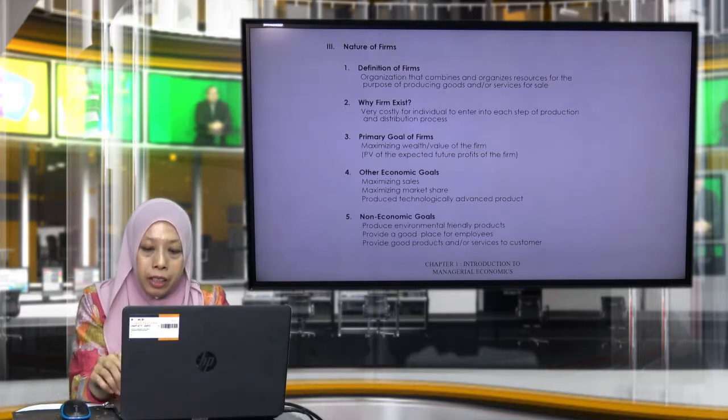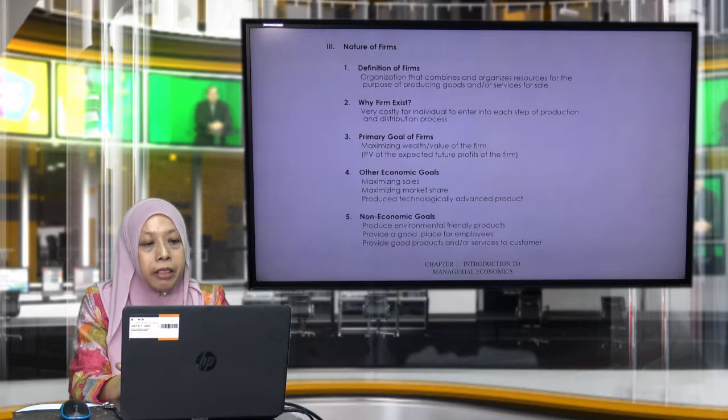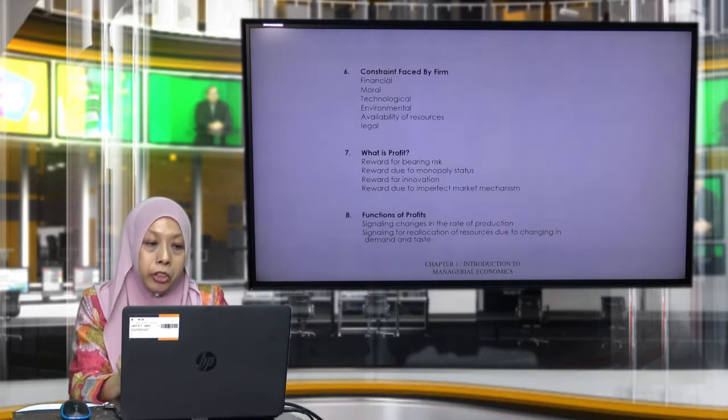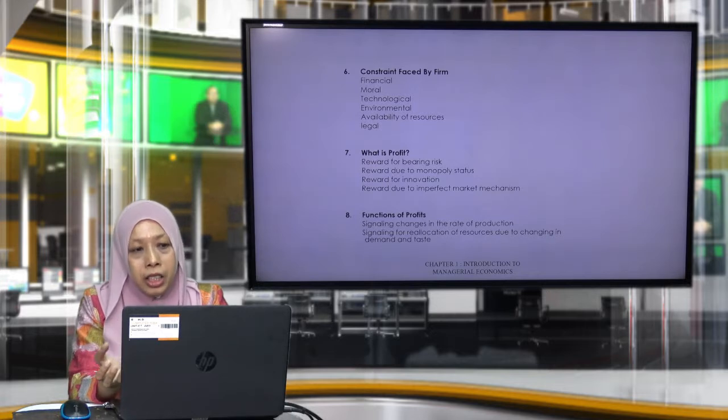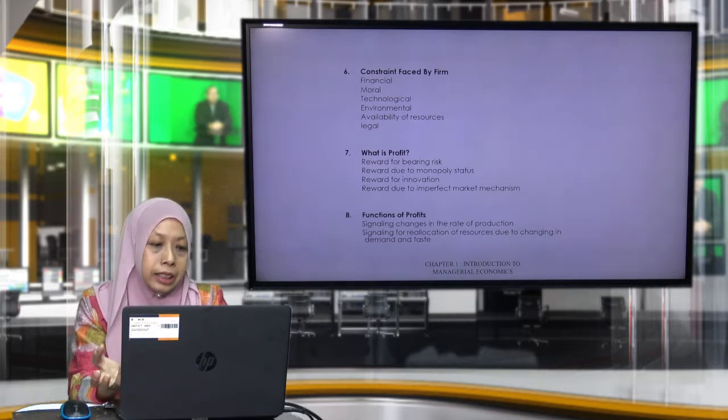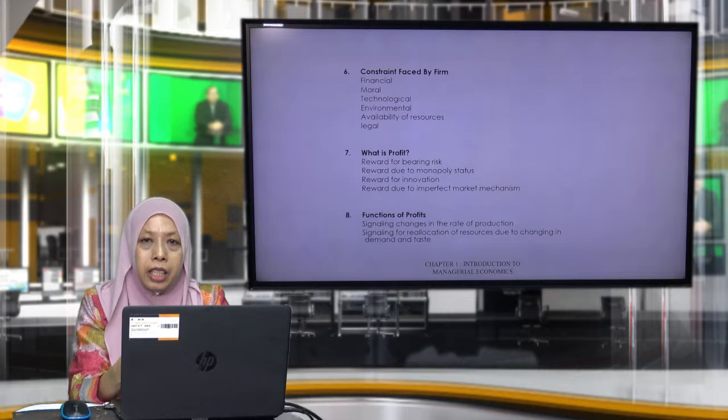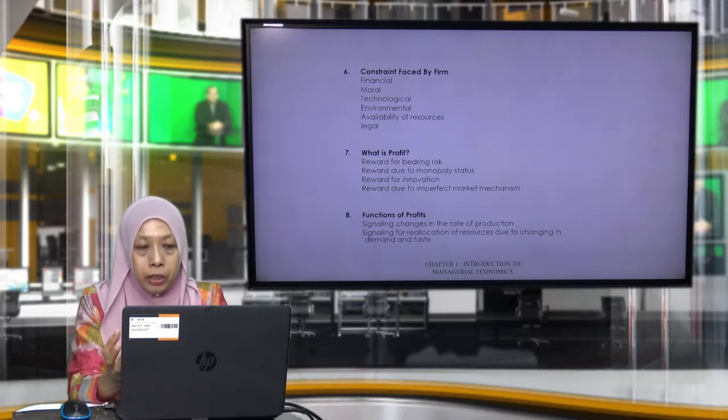All right. Now, while achieving its objectives, a firm does face some constraints. These constraints can be financial, moral, technological, environmental, resource constraints, or also legal. Take for example a company producing clothing.